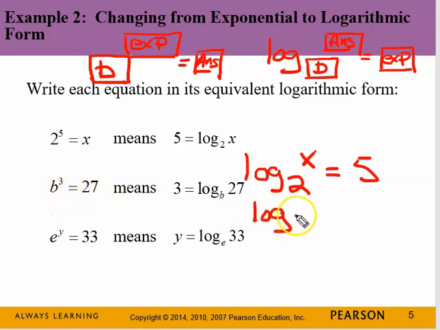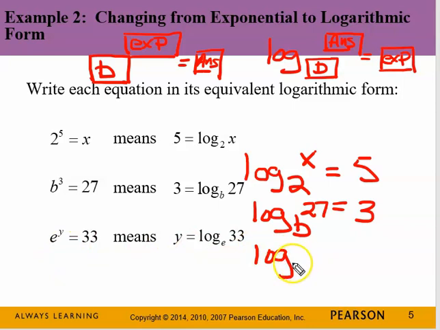All right, for this next one, we have our log. Our base is b. Our answer is 27. And our exponent is 3. Now, later, we're going to have to find out what some of these letters are. We'll pass this up for now. Now, this one will be log.